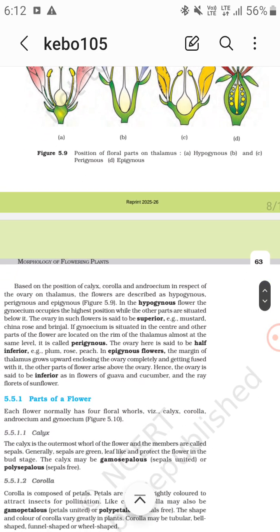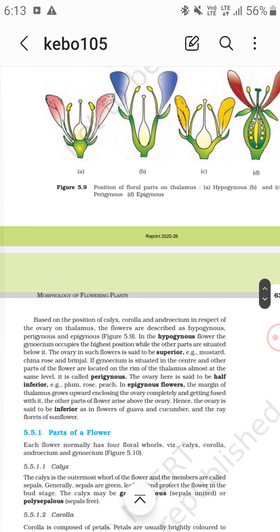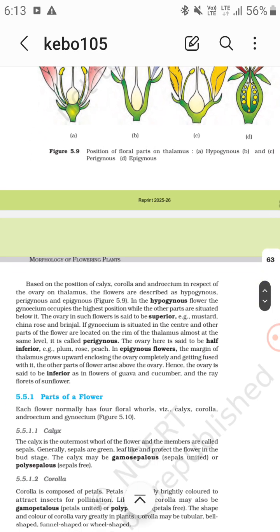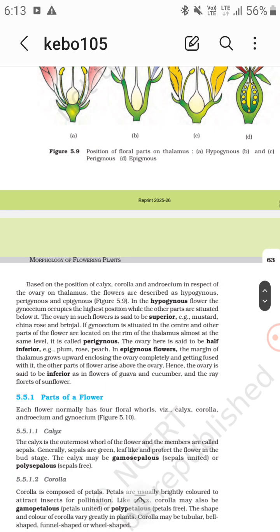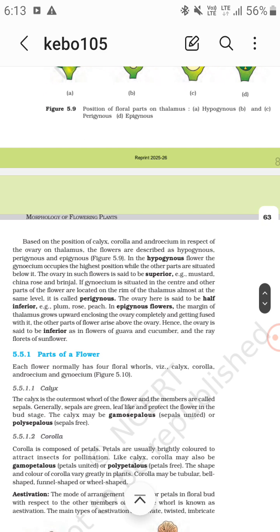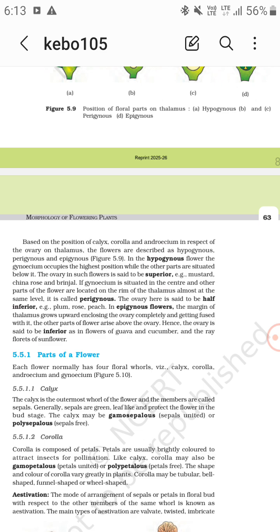Flowers are hypogynous, perigynous, or epigynous. The first diagram is for hypogynous, in which the ovary is superior. Examples are mustard, China rose, and brinjal, and the other floral parts are situated below it. In perigynous, like plum, rose, and peach, the ovary is half inferior.